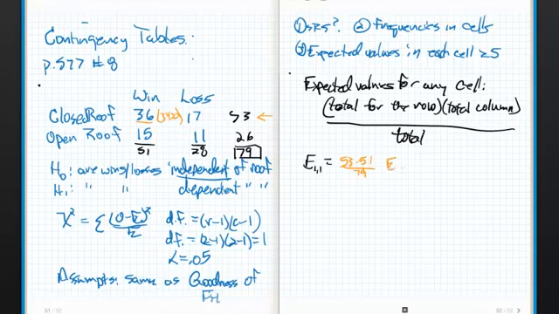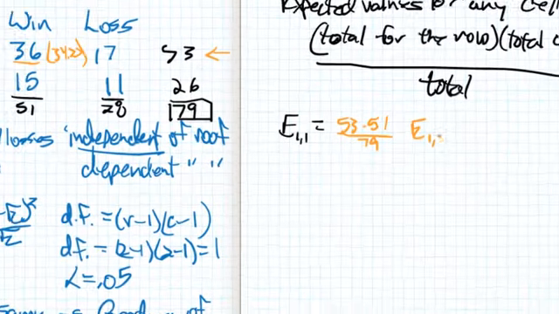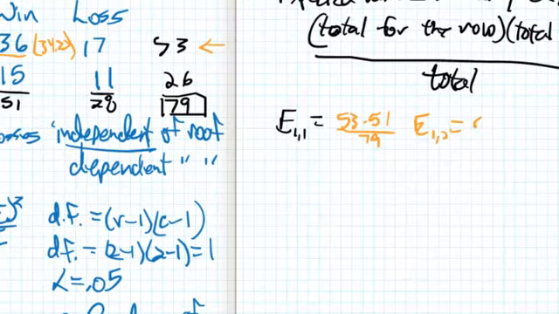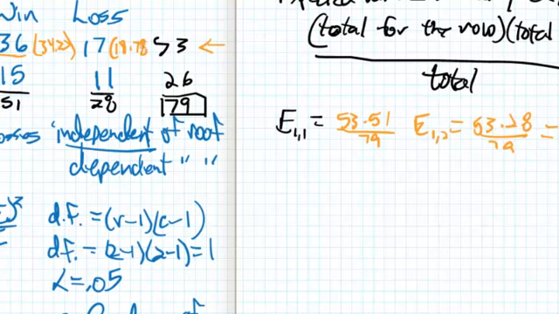All right. If I go E for the first row, second column, that's going to be 53 times 28 divided by 79, and I end up with 18.78. All right, and so on and so on.